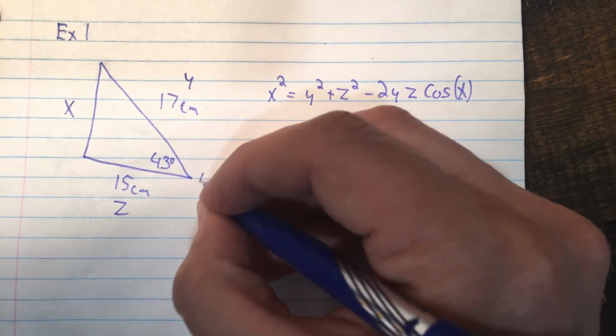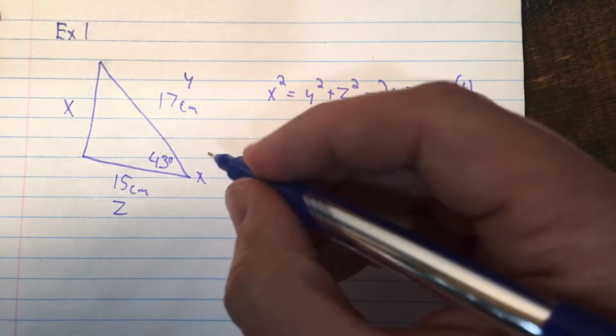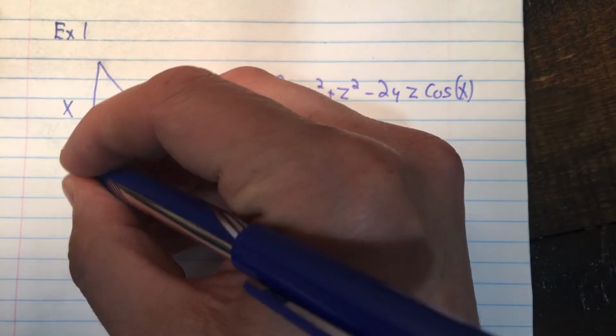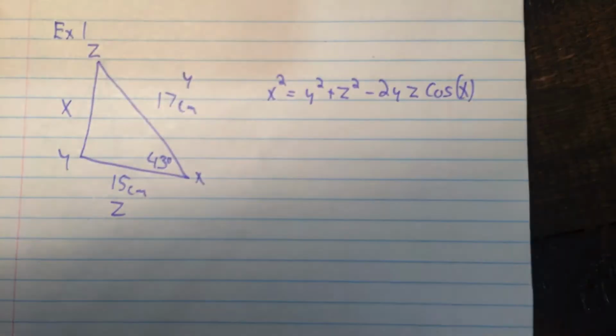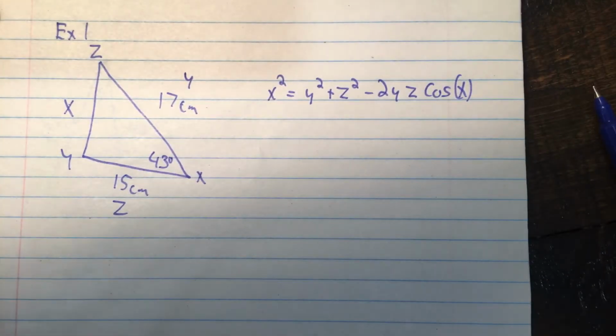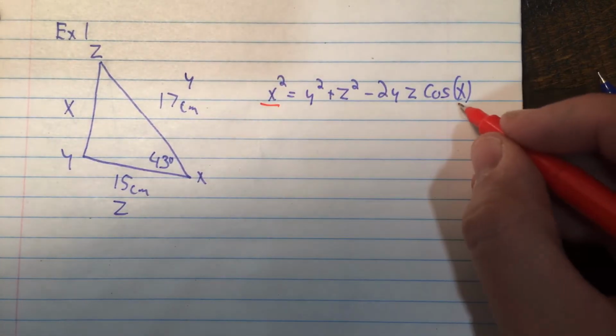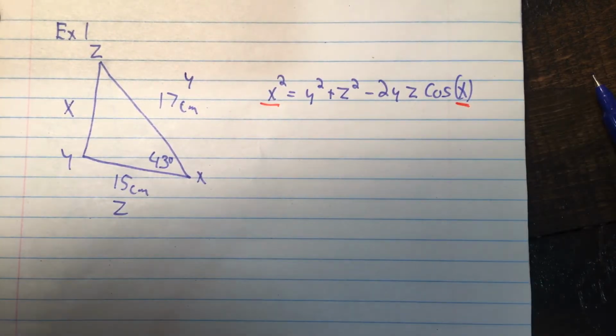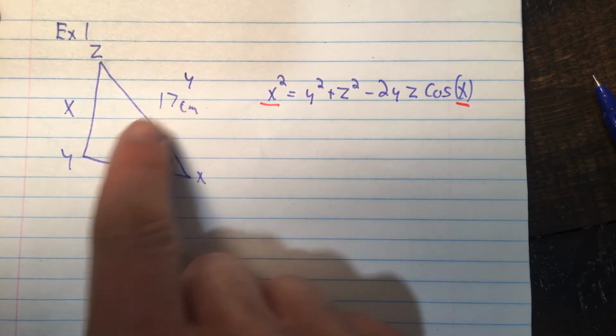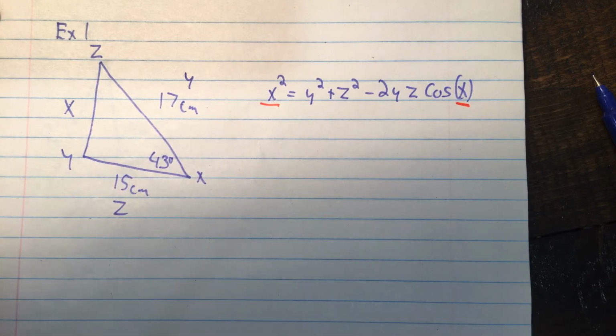That is angle x over there, angle y, angle z. The most important thing here is if you are finding x, you are using the angle of the corresponding side to x. If you were trying to solve for y, you would need that right there.